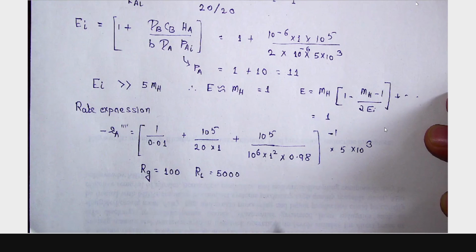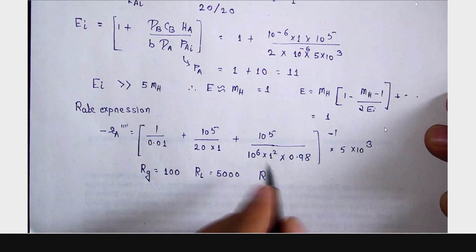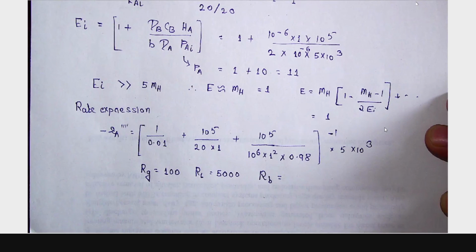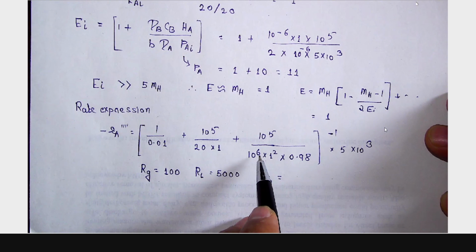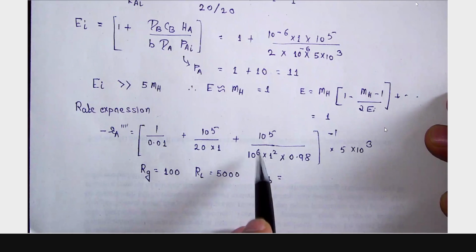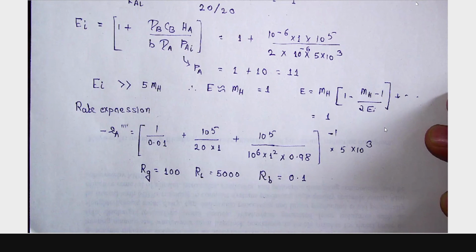Then the reaction resistance in the bulk liquid, if I approximate it, will be 0. So the major resistance will be in the liquid.